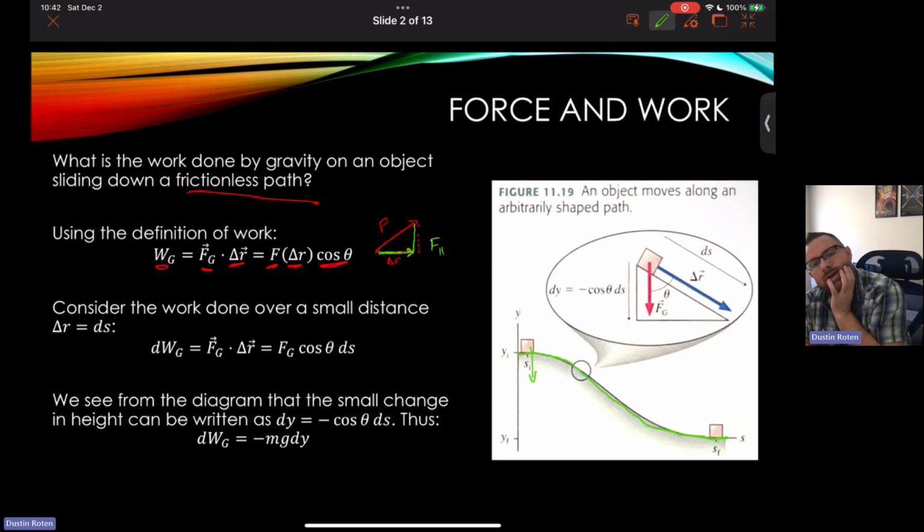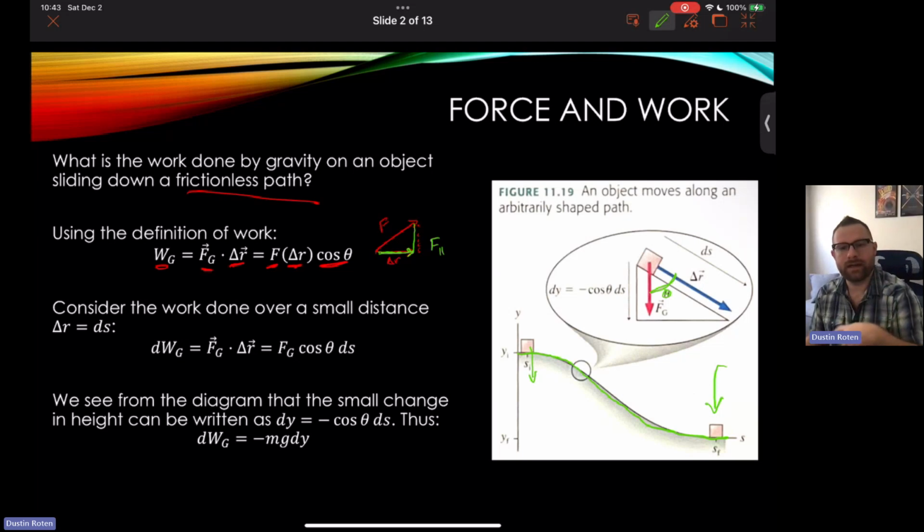The issue here is that this angle, as you can see in this little blown up area, angle theta, is going to be changing depending on where you are on the path, right? If you're down here at the bottom, that angle is going to be 0.